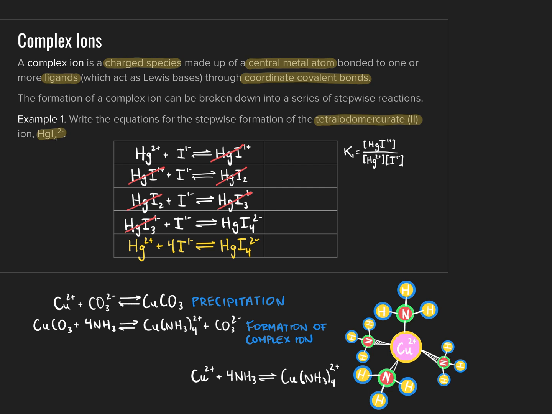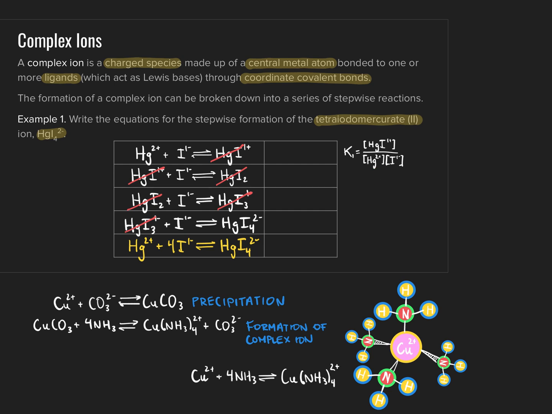So the K expression for my first stepwise reaction in the process of the formation of this complex ion would be the product, HgI+, the concentration thereof, divided by the concentration of that mercury 2 ion, Hg2+, times the concentration of the other reactant, I-. So there's my first K expression. I'll call that K1.